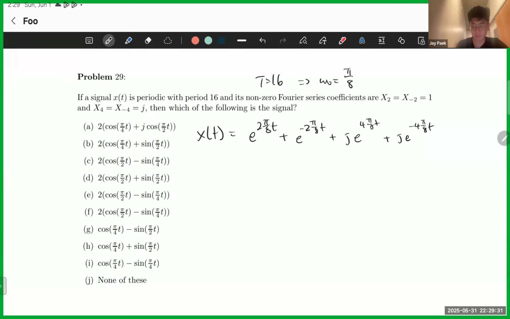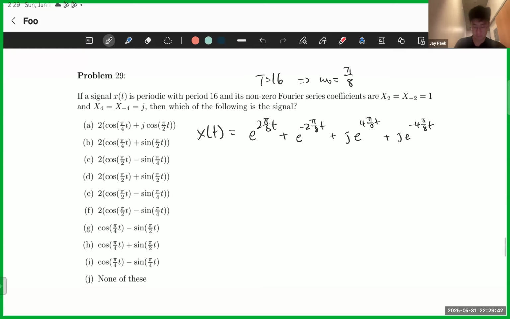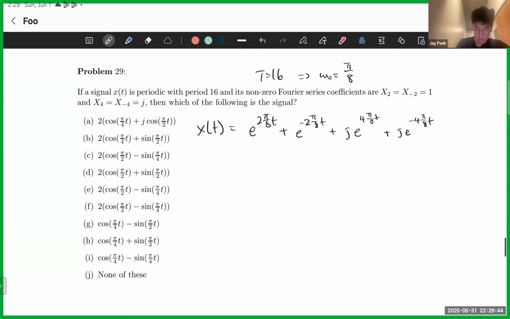Any questions so far? All I did was I said I am given a periodic function and the Fourier series. I just decompose it into its components. I forgot every single j.